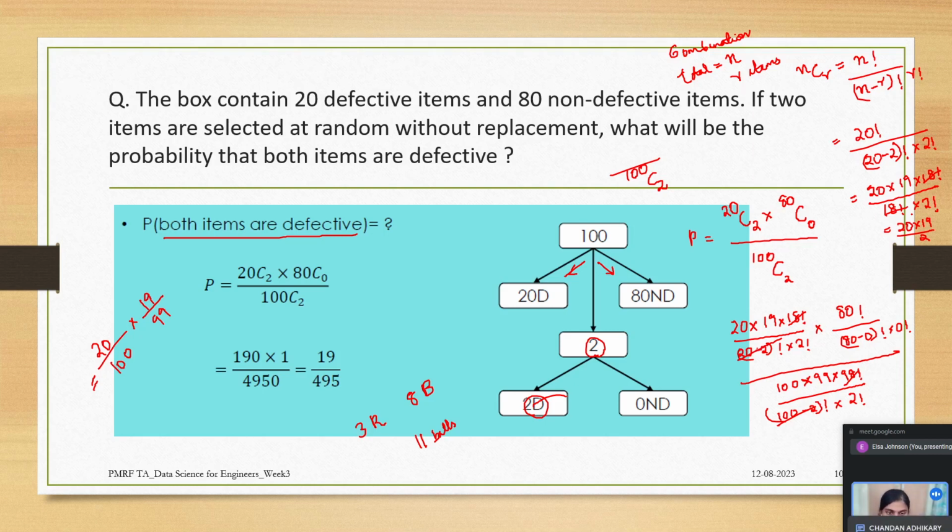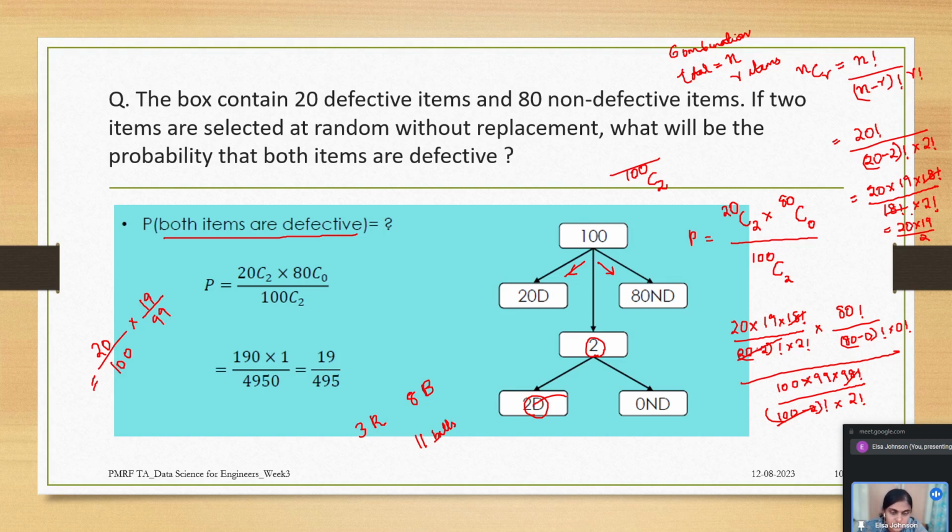In here, what are the different events happening? The events are the same, they are drawing out 2 defective items from a set of 100 items. In another case, if you have a pile with different sets, for example some square items and some round items, and in that itself some defective items are there.